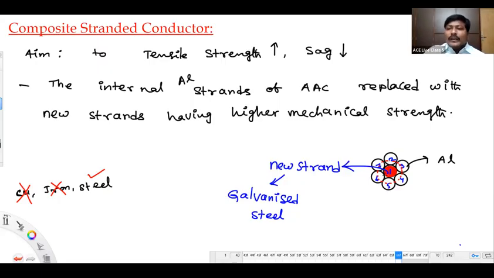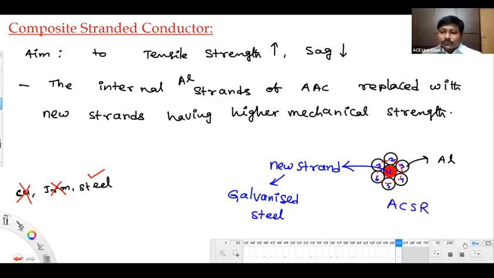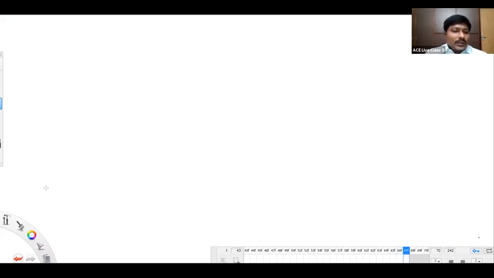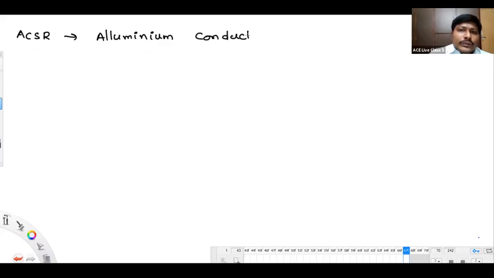This is the word we are going to use for this conductor. Okay. So shortly it is going to be called an ACSR conductor. So I am writing that name here, ACSR: Aluminum conductor, steel reinforced.